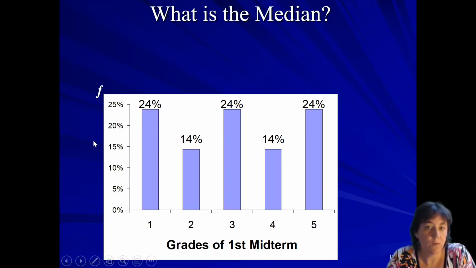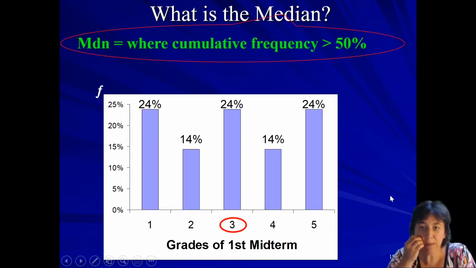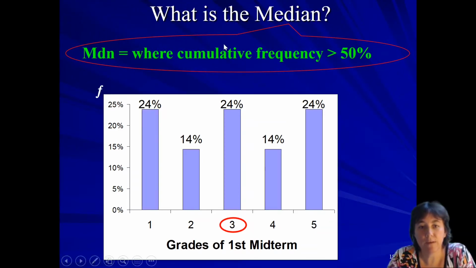Remember, you have to go until you reach 50% of your data, and so it's grade 3 in this case, and it's maybe even easier to remember that the median is where the cumulative frequency reaches and leaves 50%.